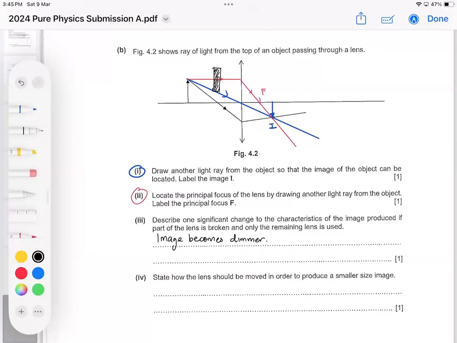So when will the answer be that the image becomes more sharp or less sharp? It's normally when we shift something. For example, let's say I have a screen over here.